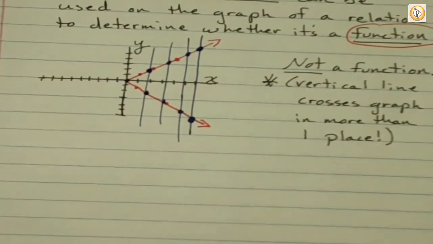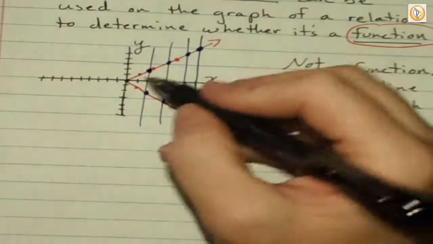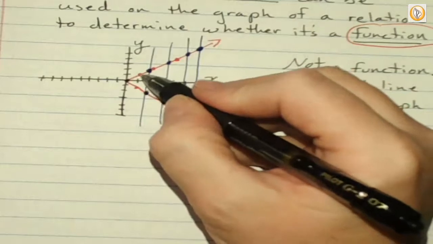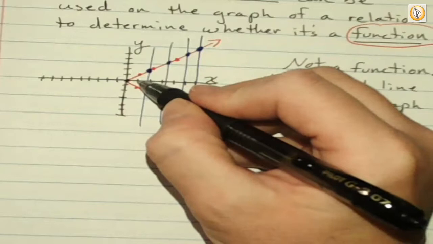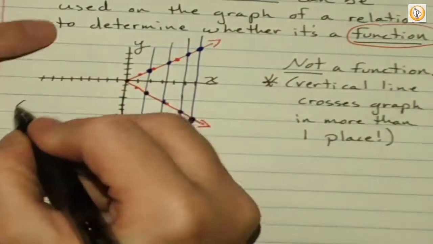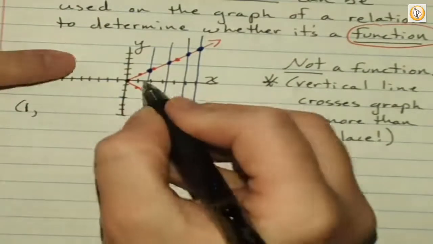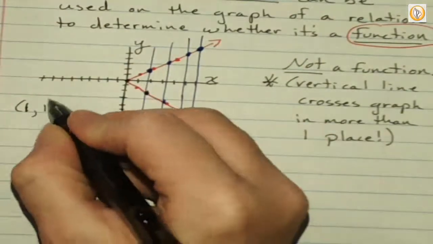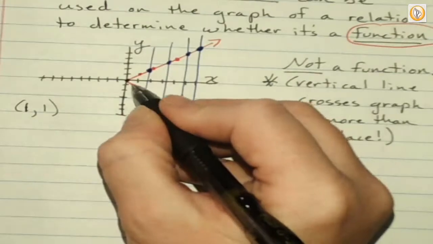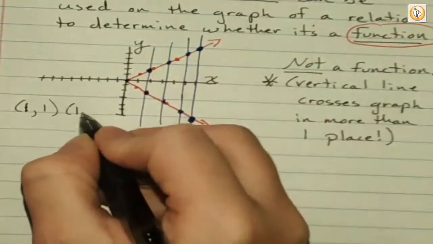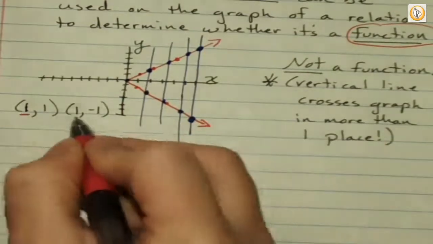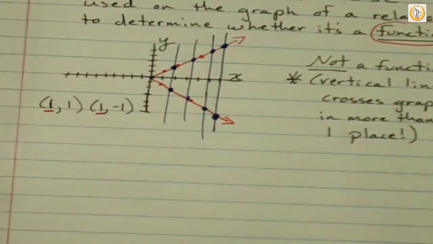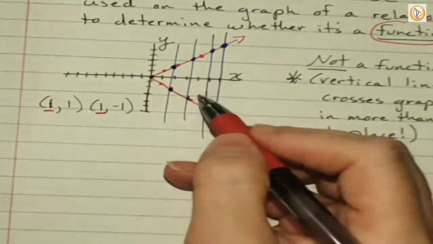Now, there's other ways of looking at it. You can look and say, okay, this dot right here that's on my graph, x is 1. I can put that here. And then y is 1. Look at this one right here. X is 1 and the y is -1. We have repeating x's, therefore this is not a function.